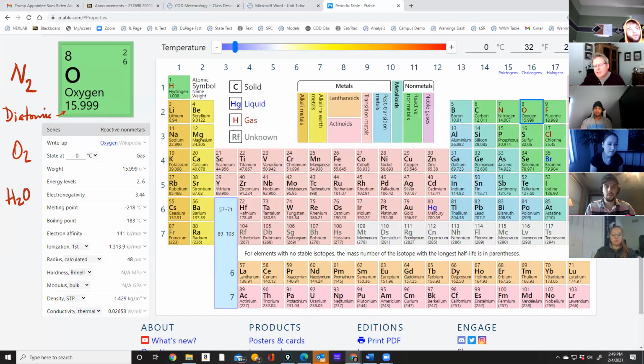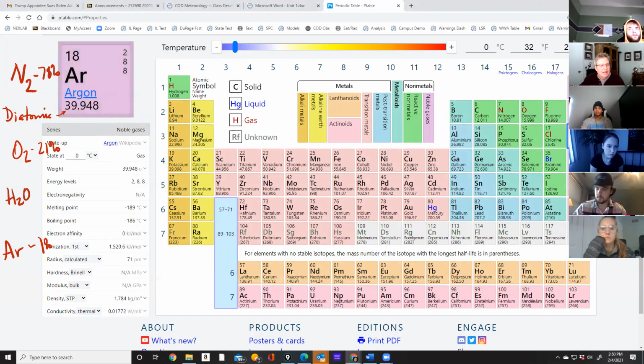Now there's another gas in the atmosphere that makes up 1% of the atmosphere. By the way, nitrogen makes up around 78%. Oxygen is 21%. What's the third most abundant gas? Was it argon? AR stands for argon, which is about 1%. Okay, now argon is interesting. Argon weighs 40.